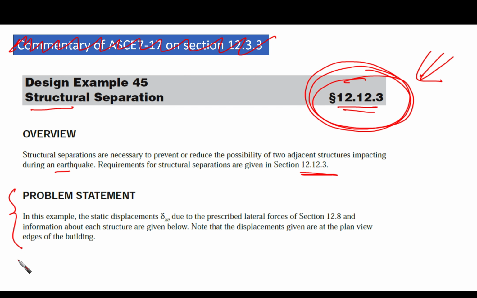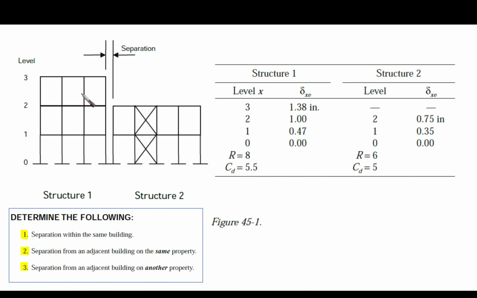In this example, the static displacement delta XE, take care, we are talking about elastic here, is due to the prescribed lateral forces of section 12.8, which is the ELF, equivalent lateral force method, and information about each structure is given below. Note that displacements given are at the plan view edges of the building.